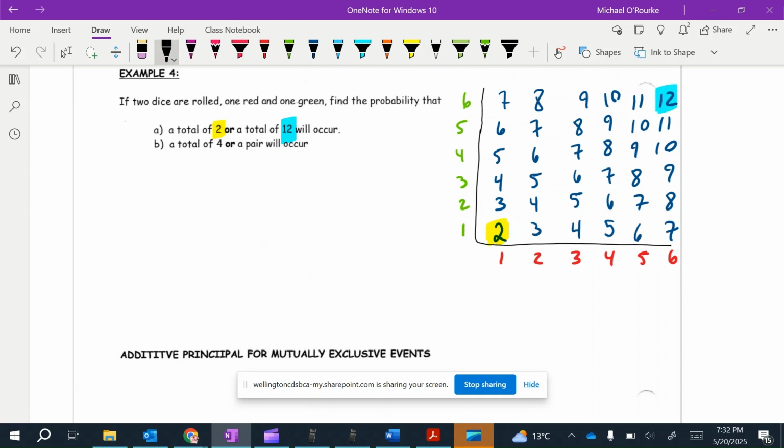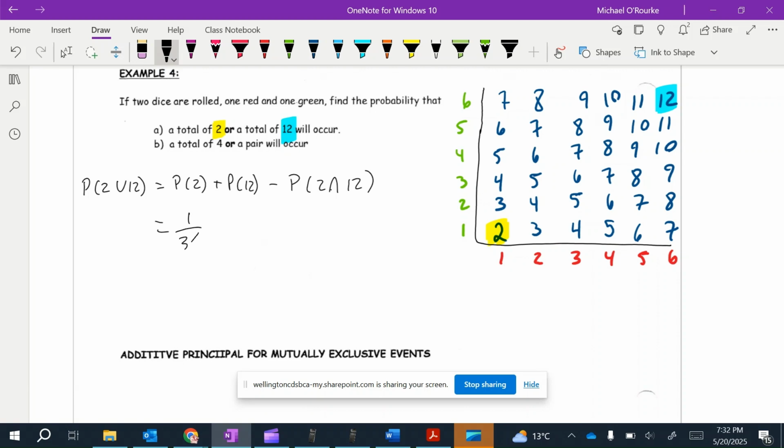So if we use the OR formula, the probability I get a 2 or a 12 equals the probability of a 2 plus the probability of a 12 minus the probability of a 2 and a 12. Now when I do my sums, there's a total of 36 different sums that could occur. So in this case, the probability of getting a 2 is 1 out of 36.